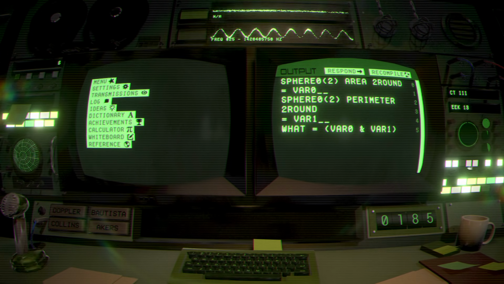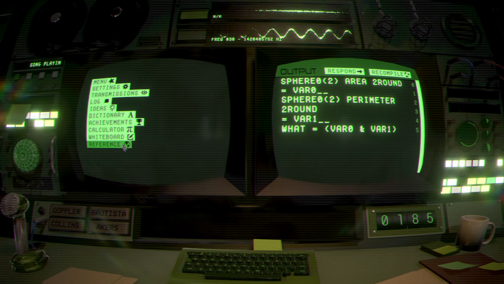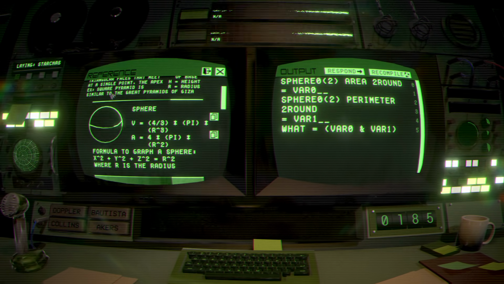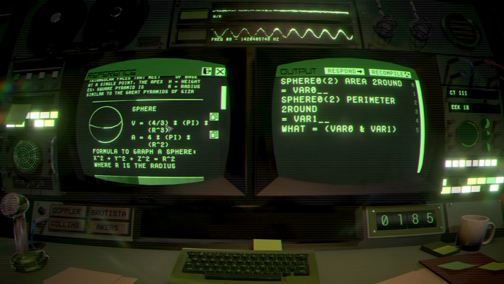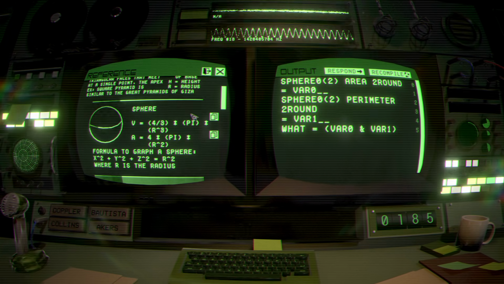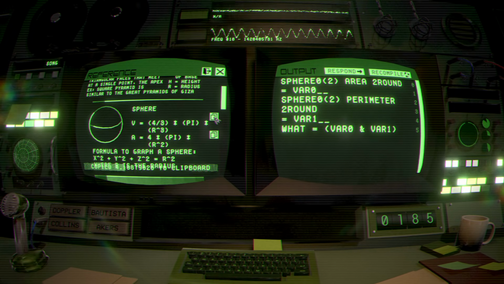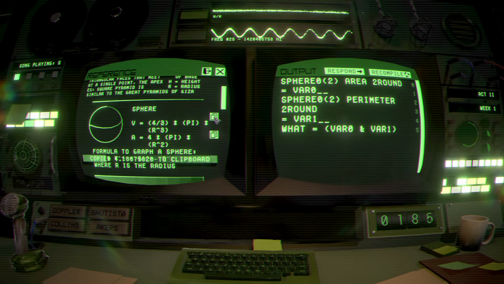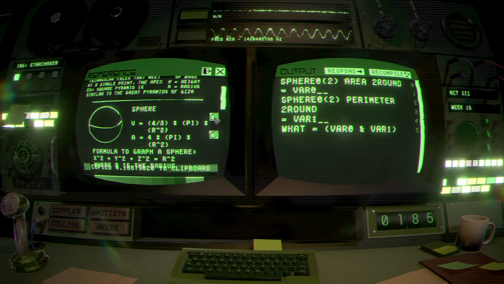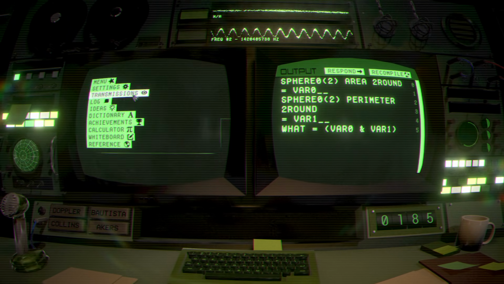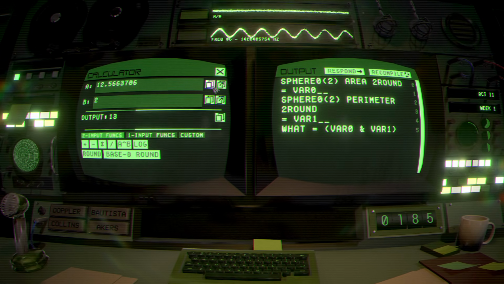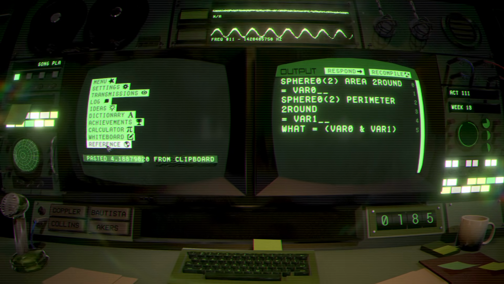Let's revisit that. First, let's solve this. The volume is 4 over 3 times pi times radius cubed. So that must be 4 over 3. Boom. Let's go find pi.